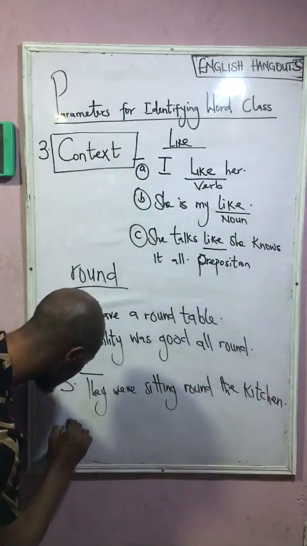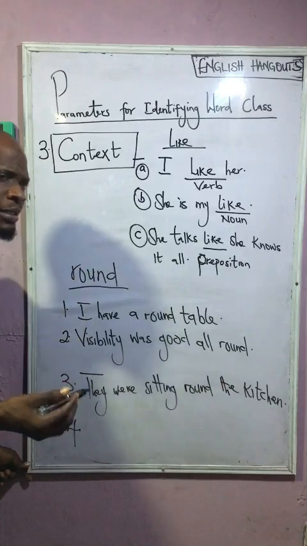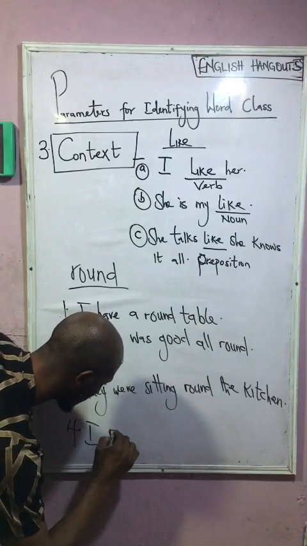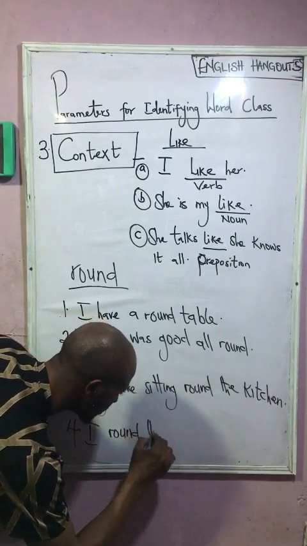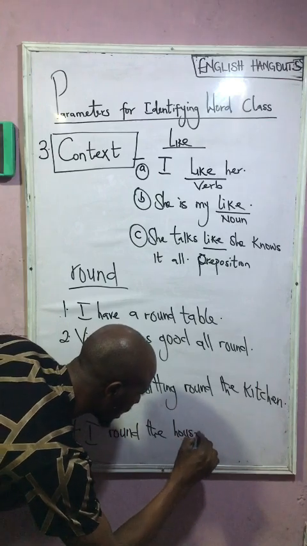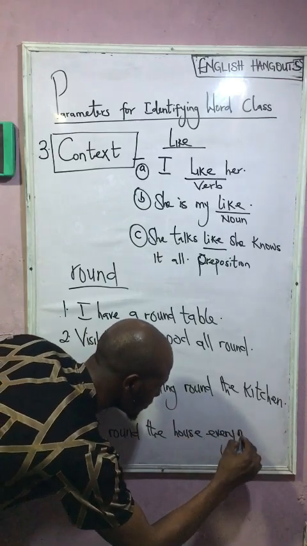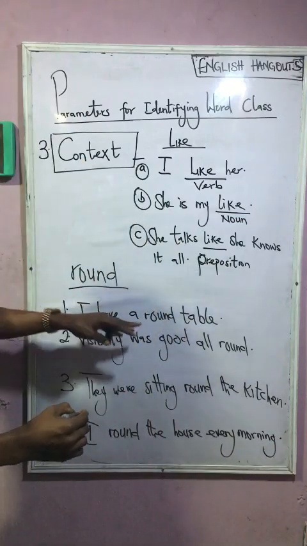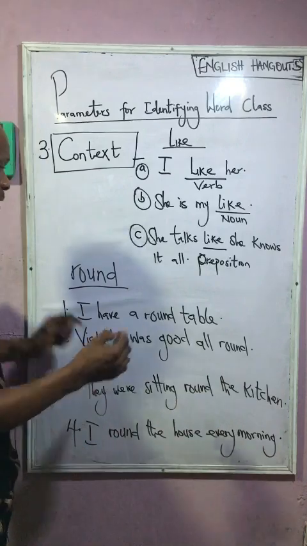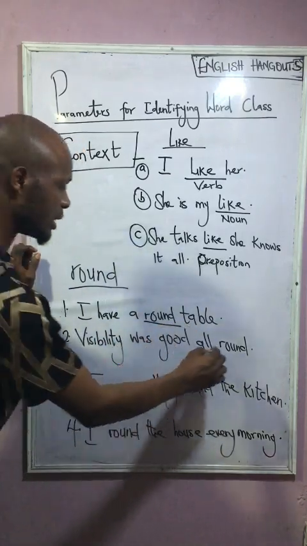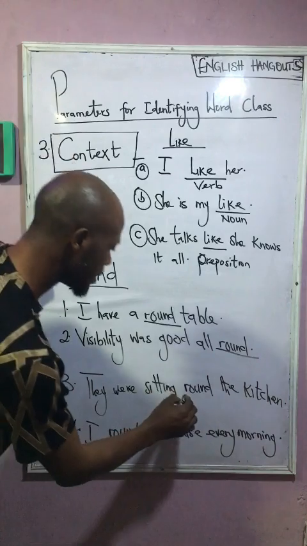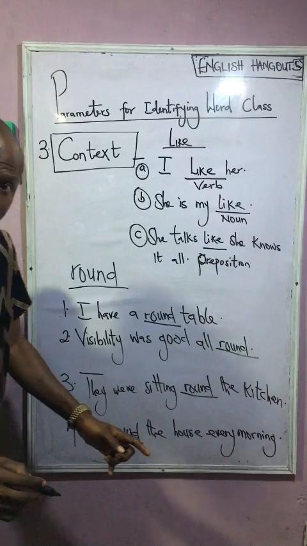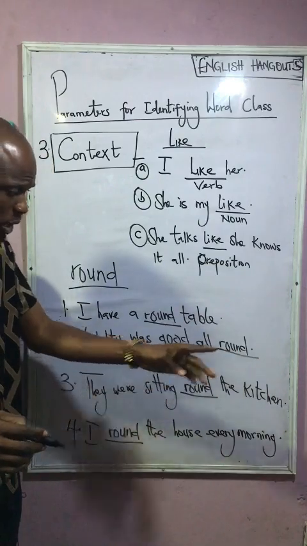Sentence 4: I round the house every morning. So we have round in 4 expressions. There is a round here, another one here, another one here, and another one here. In all of the rounds on the whiteboard, are you with me?